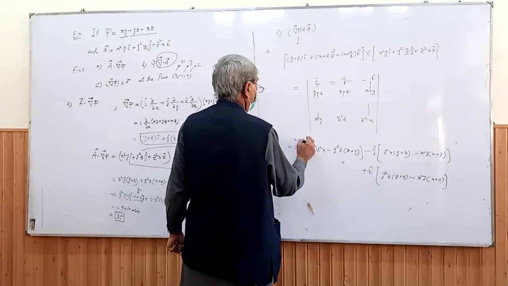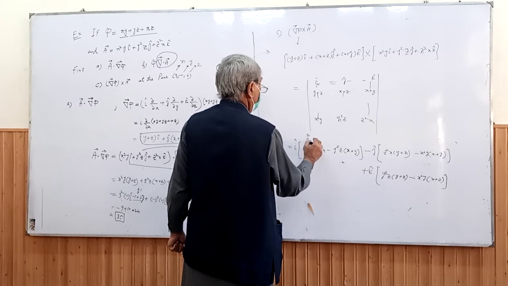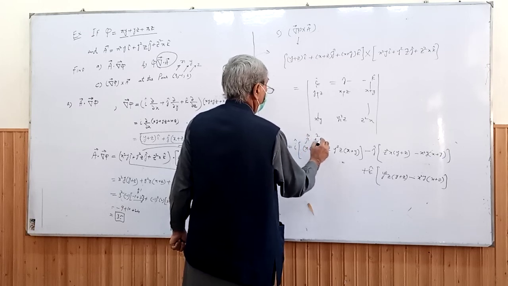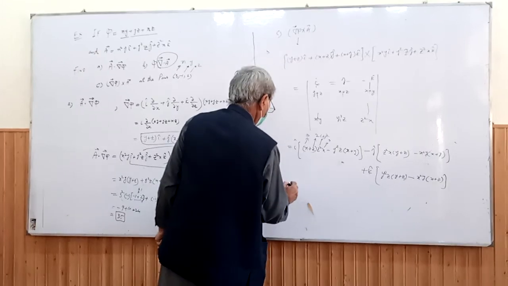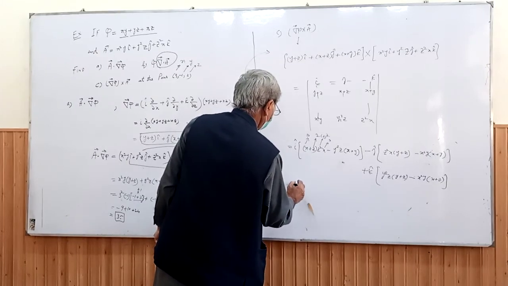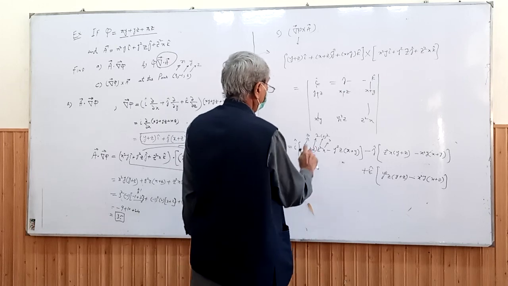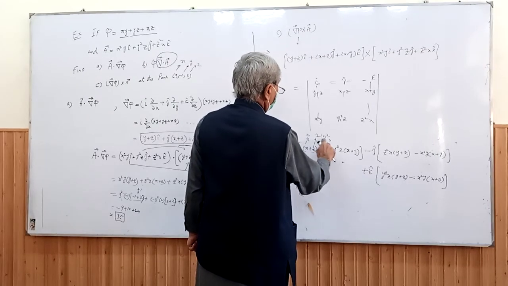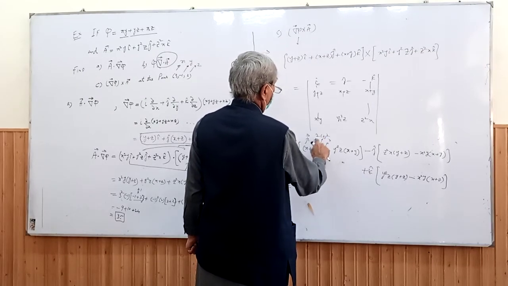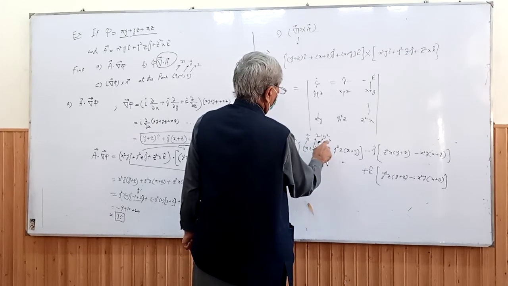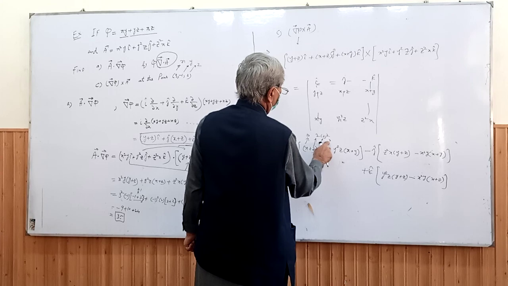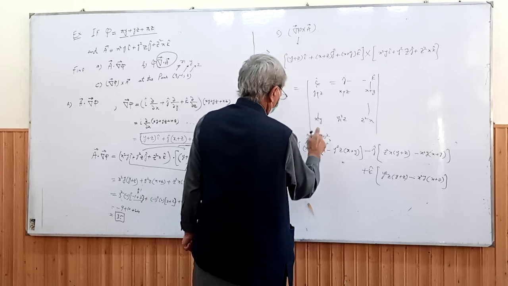And now you can put the values there. X is 3, z is 2, 2 square, x is 3. So if you put these values, what will you get? 2 and 3, 5, and this is 4 and 12. 12 into 5 is 60.